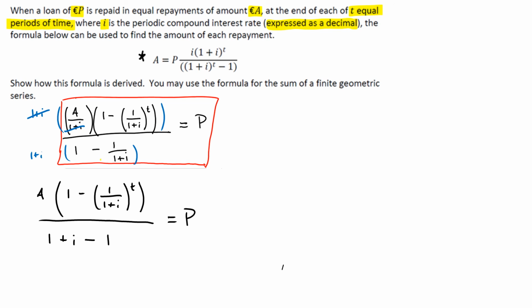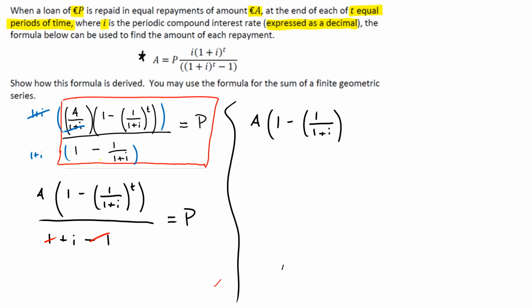When we do that, the ones cancel like this, and we get something a little bit easier. So I'm going to just bring this over here for a second. We end up with a bracket 1 minus 1 over 1 plus i to the power of t equals P times i.